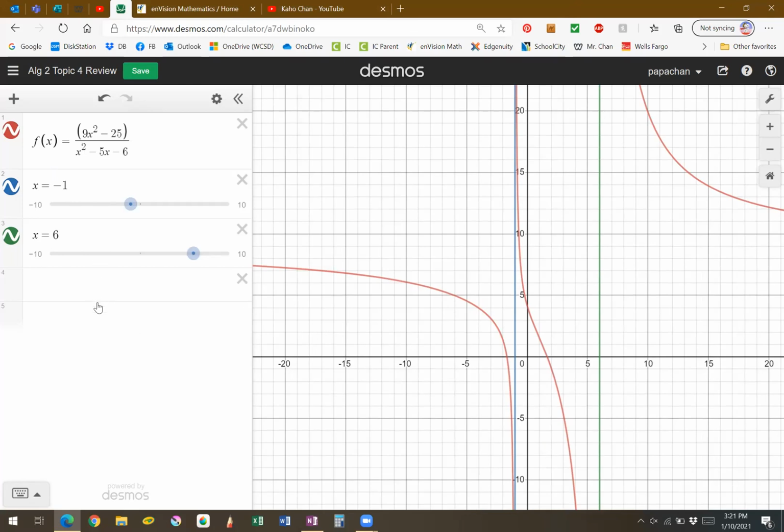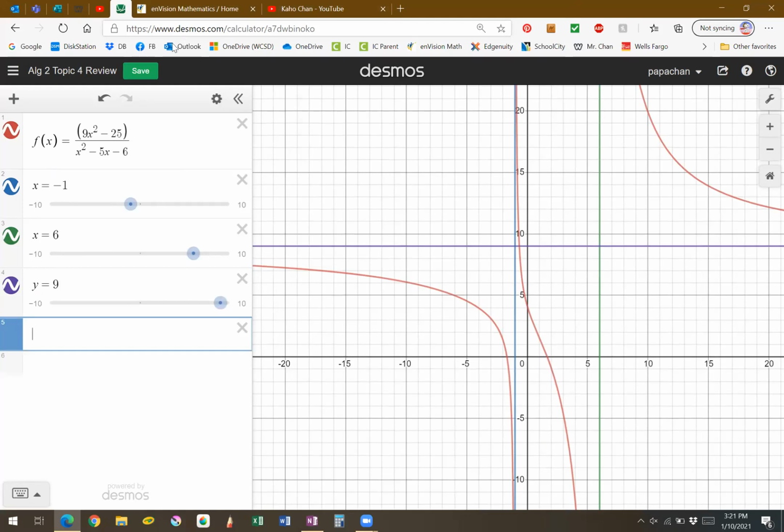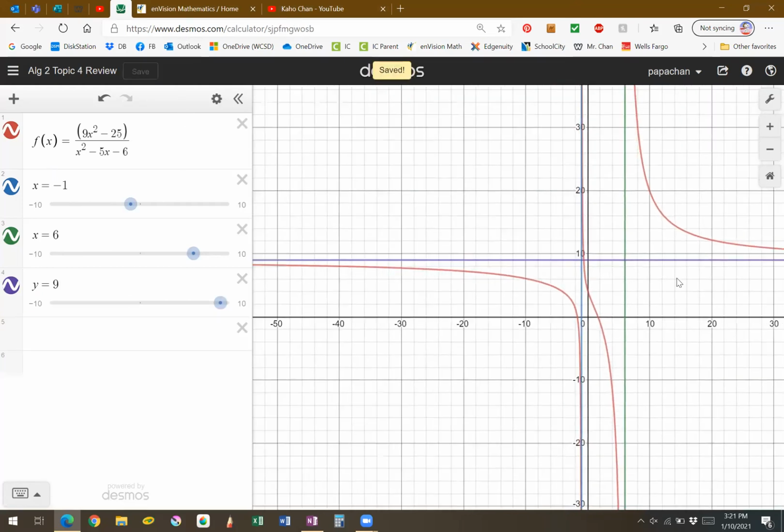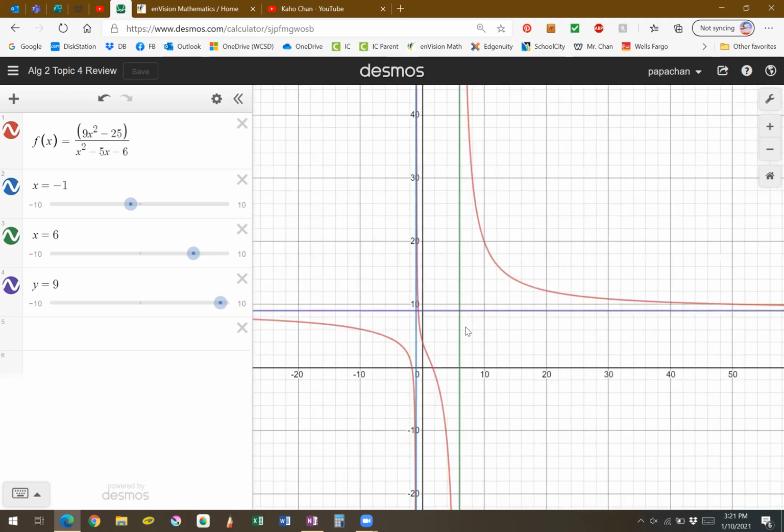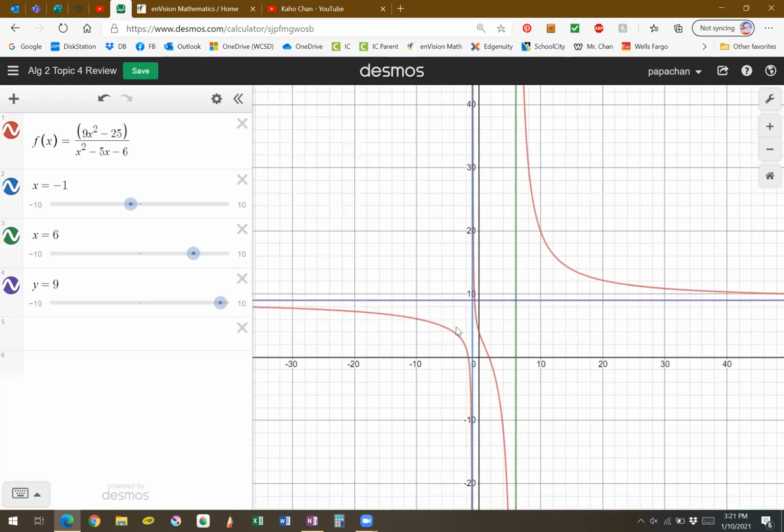You know what? I might as well put in another equation. Y equals my horizontal asymptote at 9. Let's see what happens. Oh, there it is. Woohoo! That works. Very cool. So relatively speaking, we have our vertical asymptotes, our horizontal asymptotes, as well as our branches that act accordingly. How does that look? Pretty cool, huh?